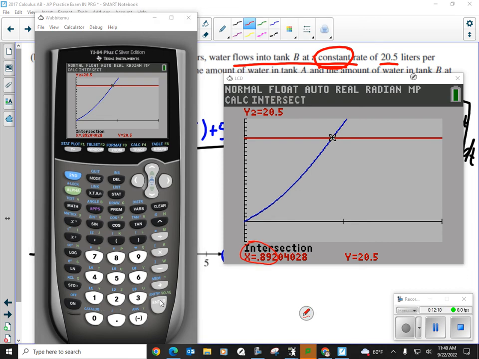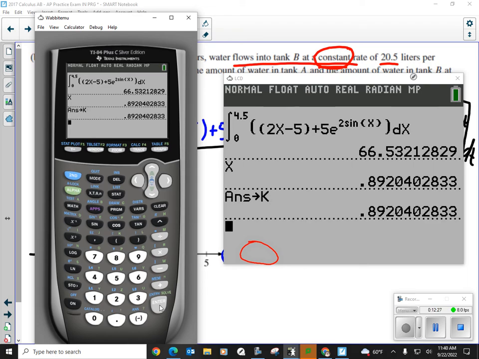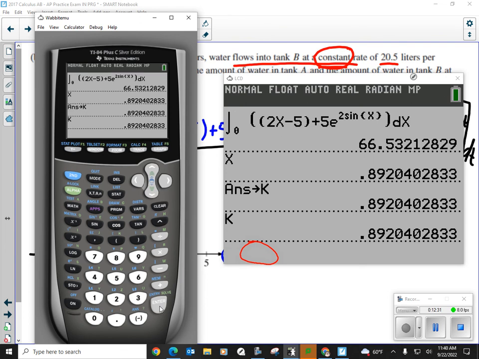Okay, but when we calculate things like the integral, we're going to want to use that. And instead of retyping it, what I like to do is, right now in x is that value. I'm going to store that value into k. So now, for the sake of the problem, anytime I use k, it'll be our whole number unrounded. Okay? So here we go.